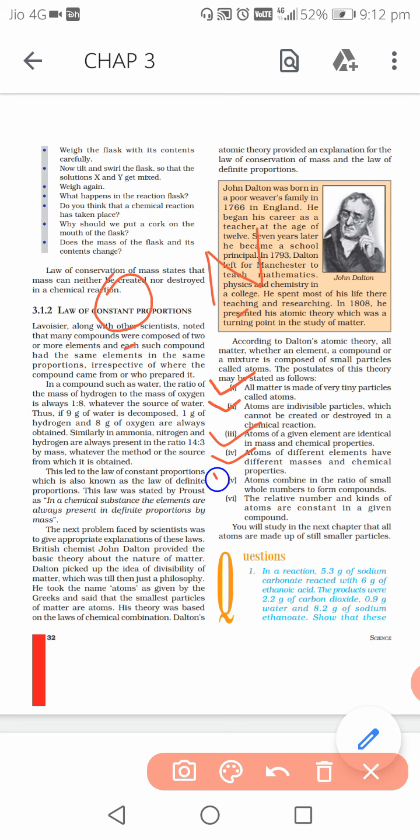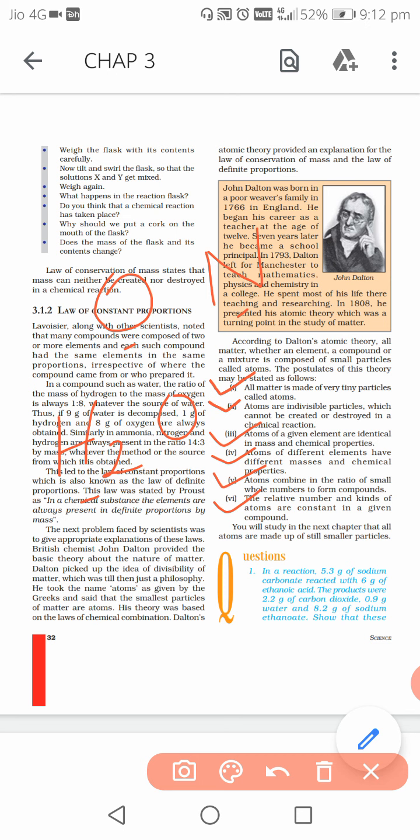That is a certain thing. Number 6, the relative number and kinds of atoms are constant in a given compound. Suppose I write water, H2O. You see that in one molecule of H2O, 2 atoms of hydrogen and 1 atom of oxygen are present.